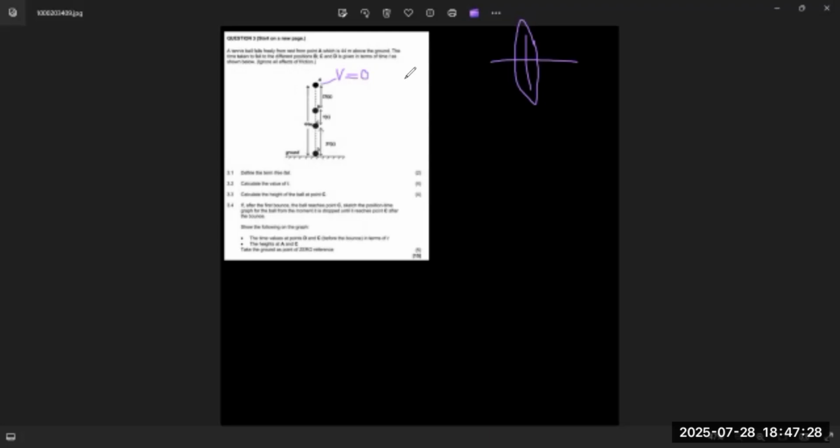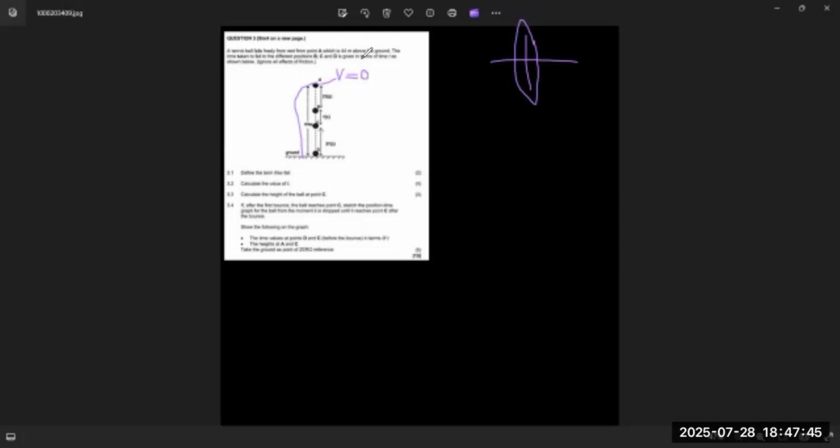I cannot write the SI units there because of this pen. The ball is 44 meters above the ground. We are given the distance from the ground to point A to be 44 meters.